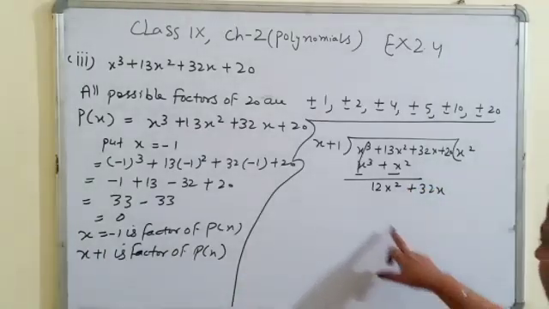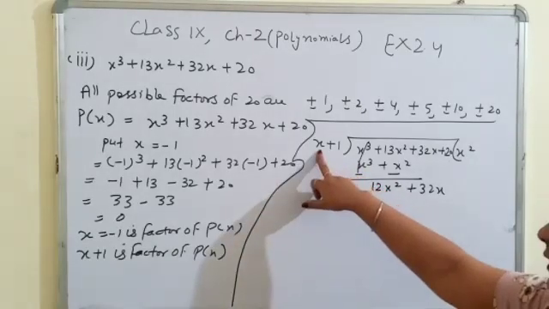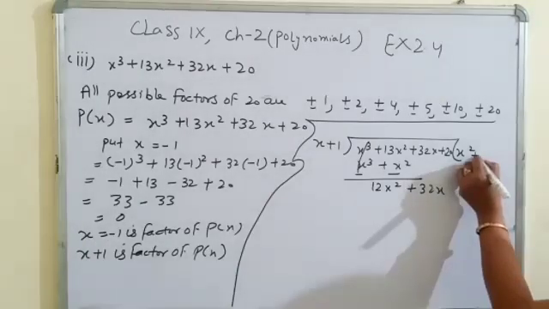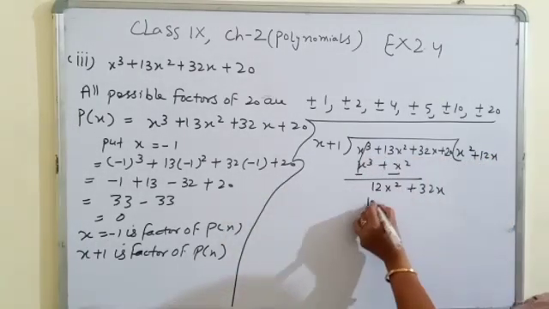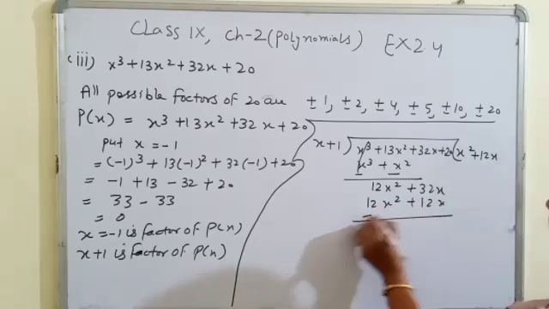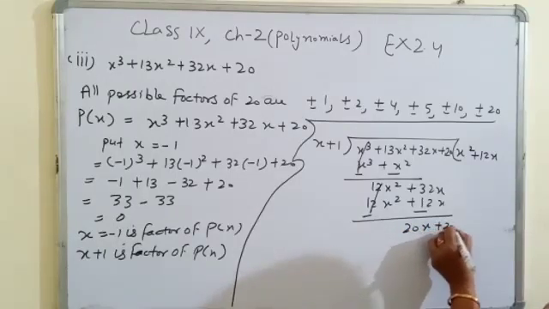Now let's check by which value we have to multiply for the next result. 12x square and 1x, it means we will multiply by 12x. 12x square plus 12x, subtraction. 32 minus 12, this is 20x plus 20.